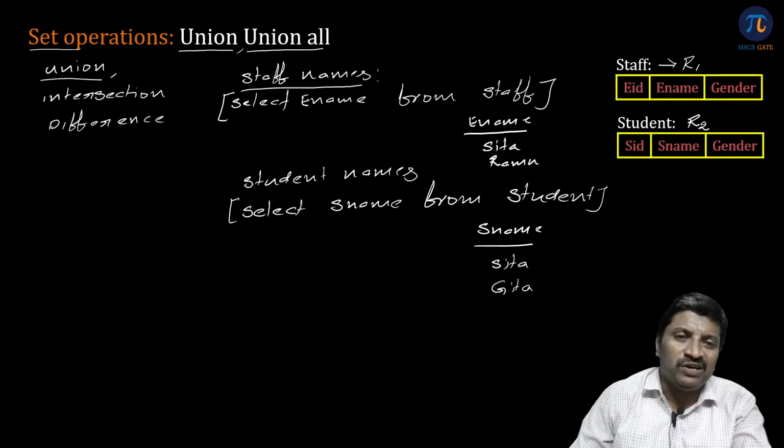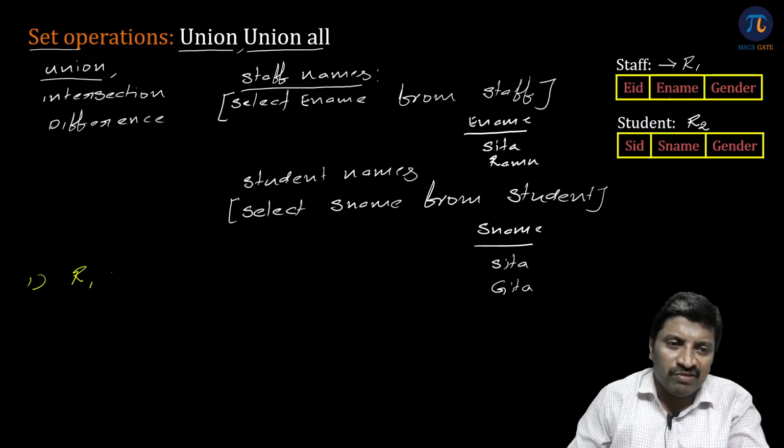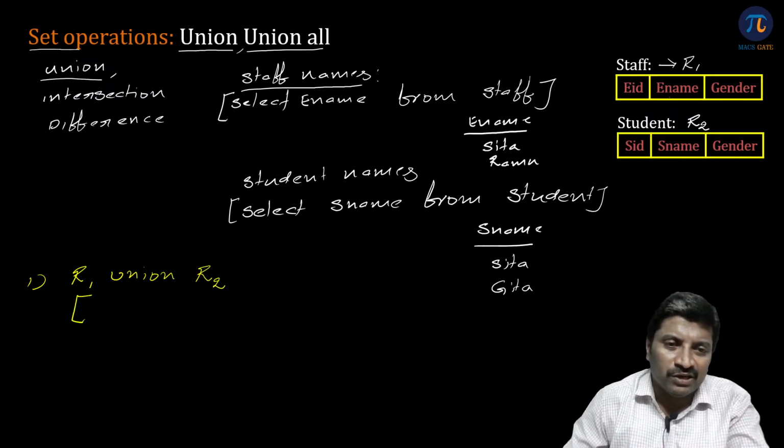Now what is the main difference? Whenever you apply R1 union R2, simply write the query of R1, union, query of R2.